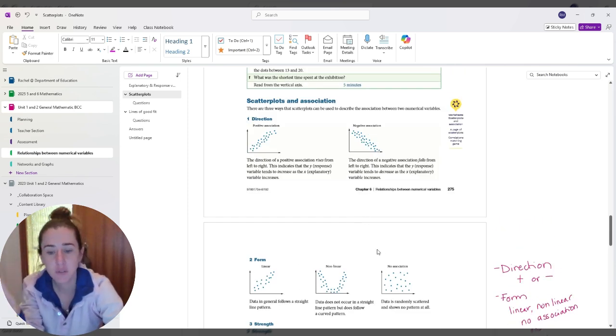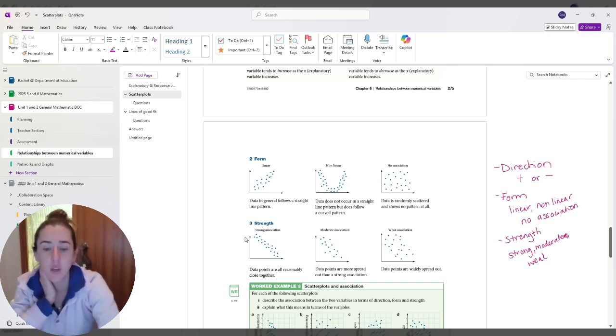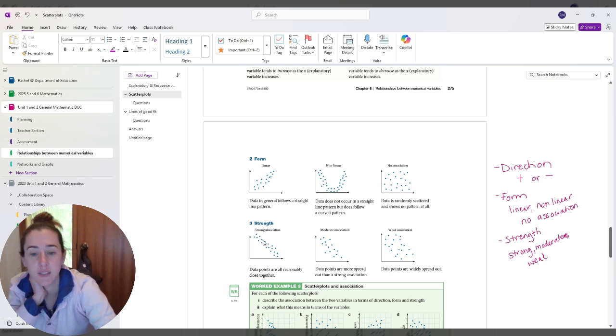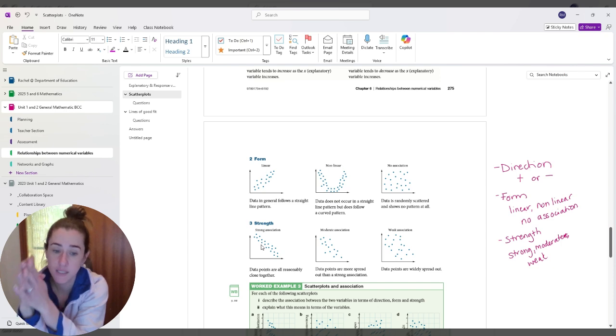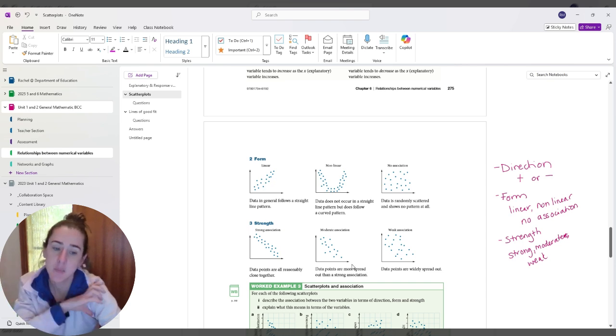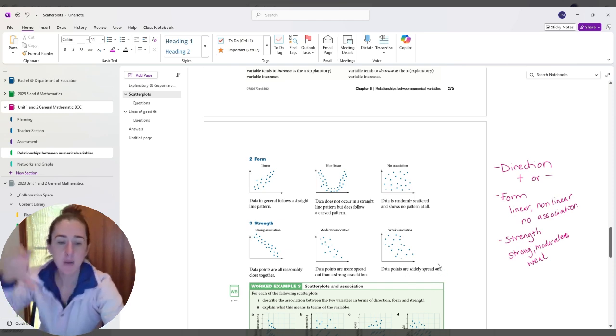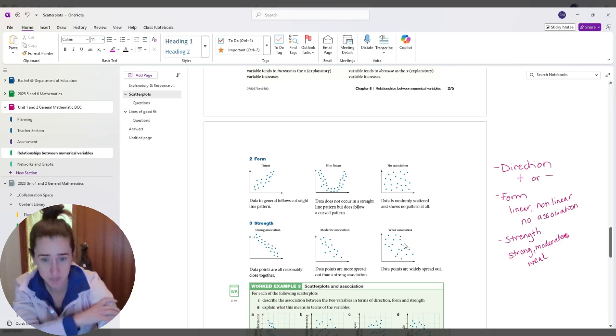So far we've got direction and form, and then we go to strength. So you could have a strong association where all data points are reasonably close together. Then you move to a moderate, where they're a little bit more spread out, or weak association, where they're quite widely spread. But can you see that there's still some kind of shape to that scatter plot?